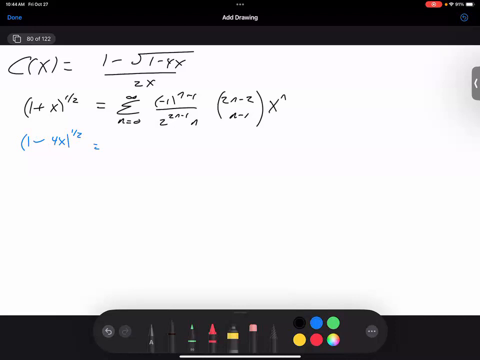If n is even, does it change the sign of the term? No. If n is odd, does it change the sign? If we're replacing x with negative 4x, whenever n was even, the x to the n and negative 4x to the n, they both have the same sign because n is an even power. But if n is odd, it changes the sign.